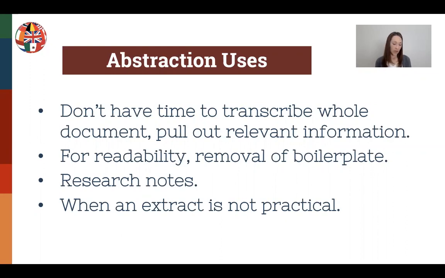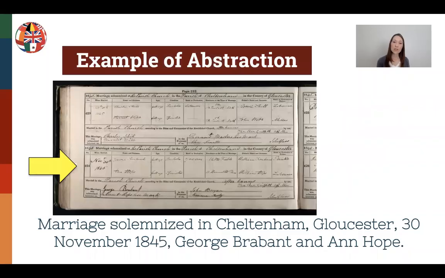And also when an extract is not practical, and here's an example of when an extract just isn't really all that practical. This is a marriage form, and I just need to record the information about the marriage, but if I did an extract, I would have to somehow represent all of these column heads, all these column titles.